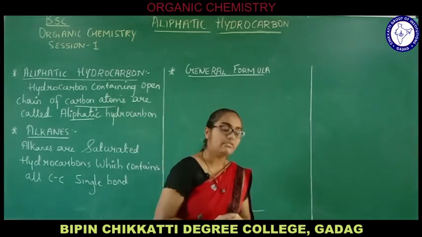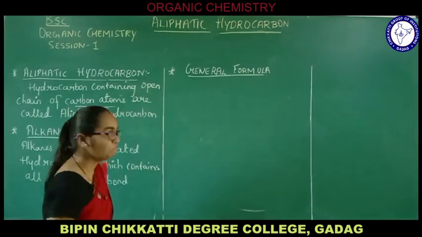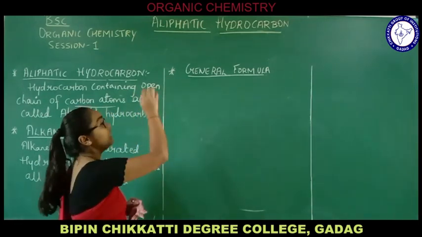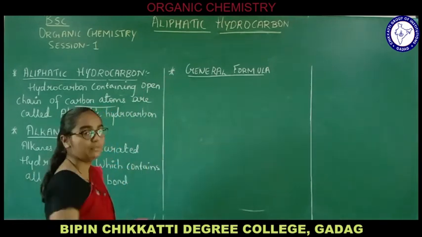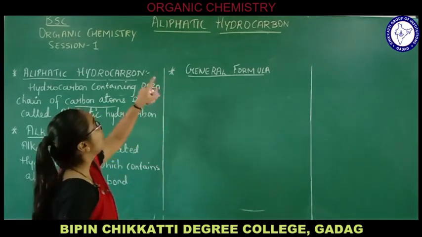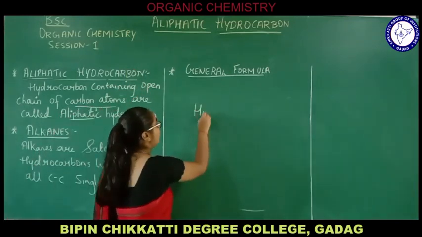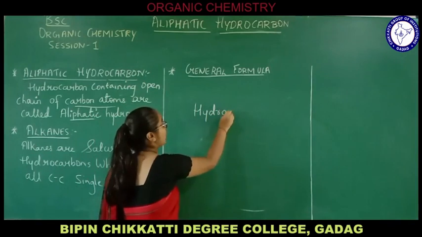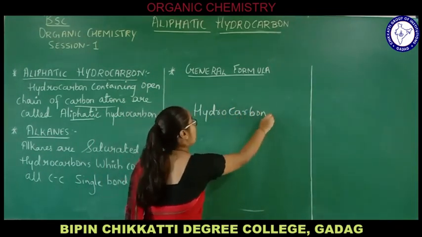Okay, now first we'll start with the headline of the chapter, which says aliphatic hydrocarbon. Now what do you understand by the word hydrocarbon? First we'll understand hydrocarbon and then aliphatic. Now what is the meaning of the word hydrocarbon? Hydrocarbon is a combination of two elements.